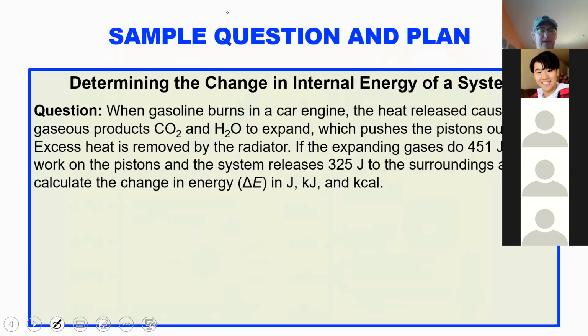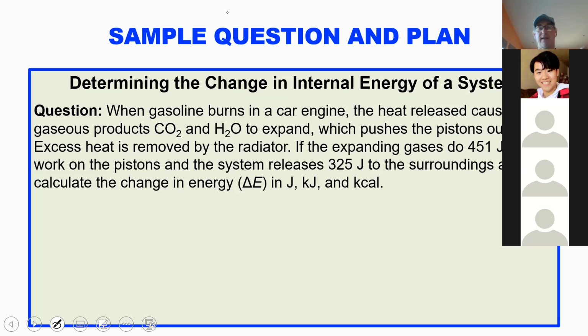So here's a question we can do. It's a standard thing we talk about, because when you burn gasoline in an engine, it releases heat and it does work. So how would we figure out the total amount of energy together? Remember that the work being done is actually pressure volume work, and we'll talk more about that in a second. The pistons get work done to them by the reaction.